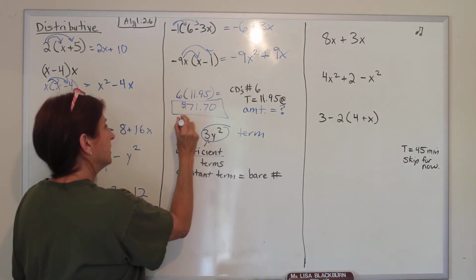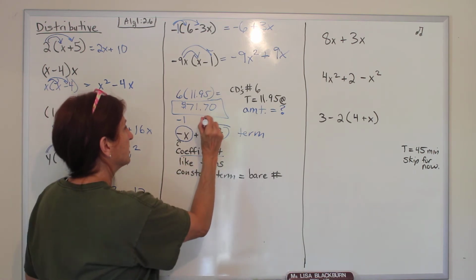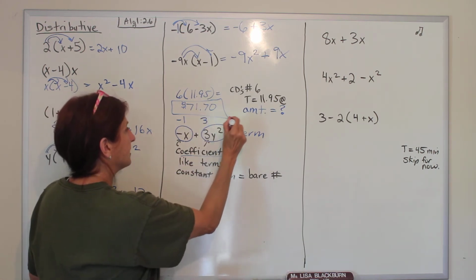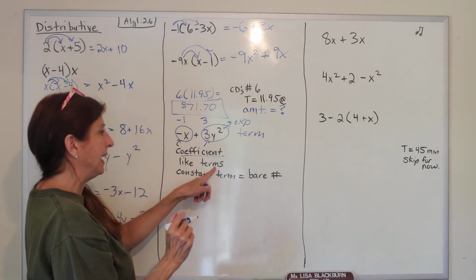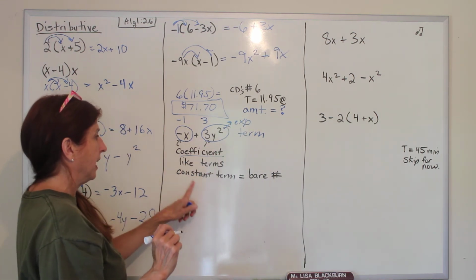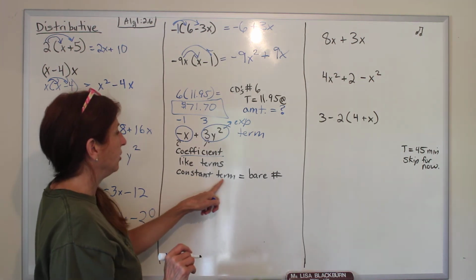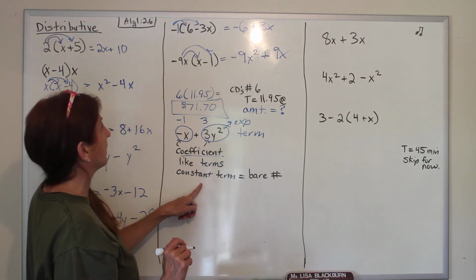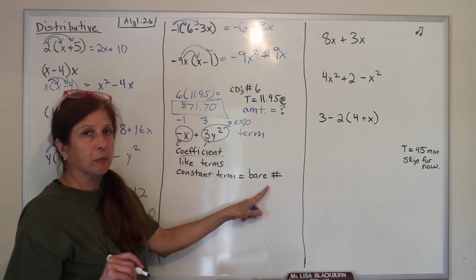This coefficient is -1. It's an understood -1. This coefficient is a 3. That's the exponent. They can only be added if they're like terms. If you have a number with no letters, they call it the constant term. Like that's -6. I call it a bare number.